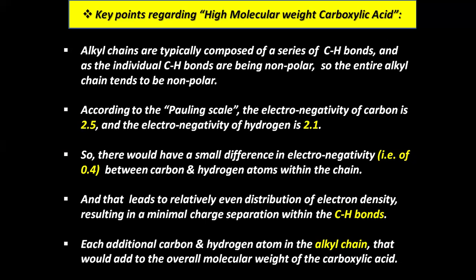So there is a small difference in electronegativity, of 0.4, between carbon and hydrogen atoms within the chain. That leads to a relatively even distribution of electron density, resulting in minimal charge separation within the CH bonds.